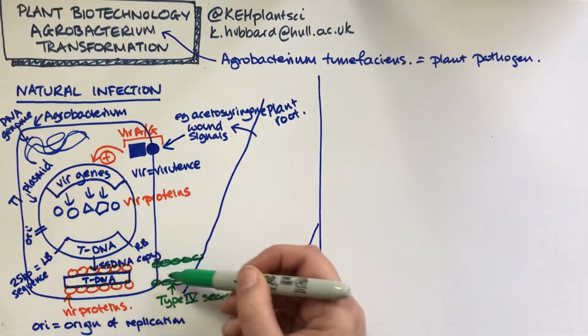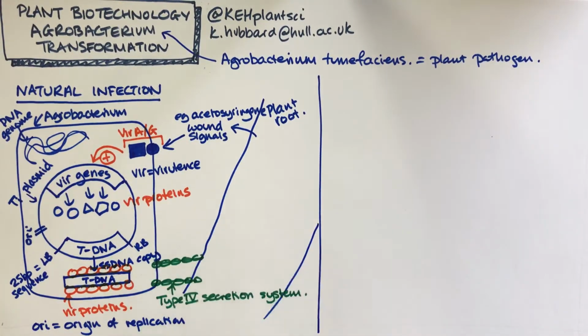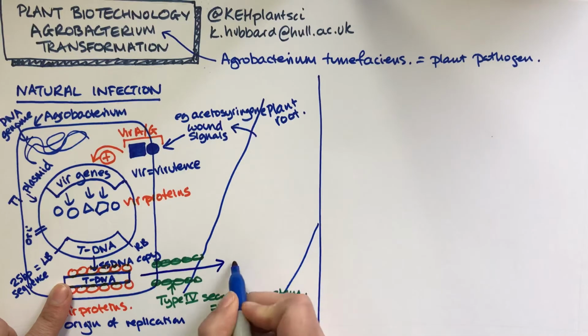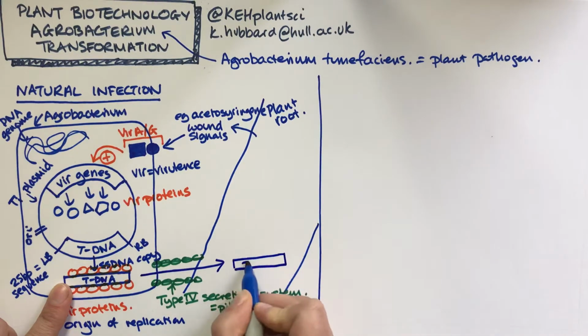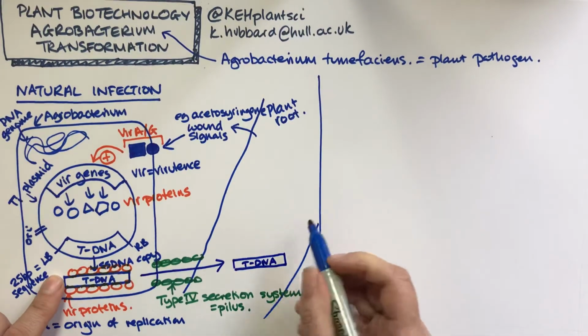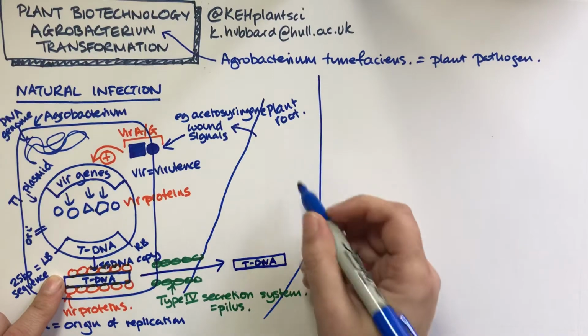So we've now got a direct cytoplasmic connection between the two organisms, and it's called a pilus. We've made a copy of the tDNA, we've packaged it up in all of these Vir proteins, we've made a secretion system, so that tDNA can now go into the plant, and it can insert into the plant genome.